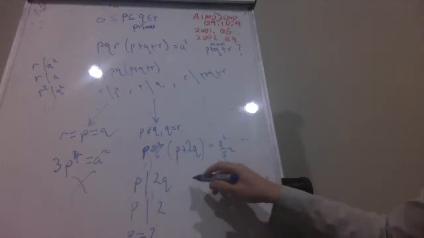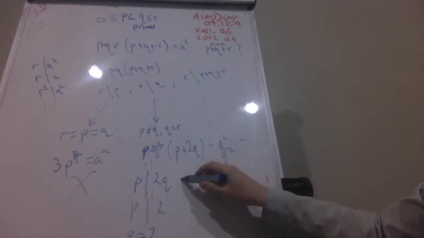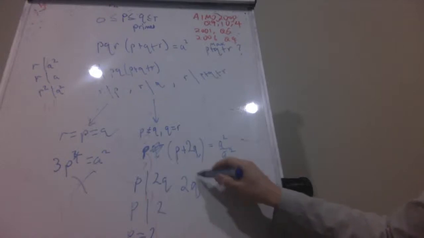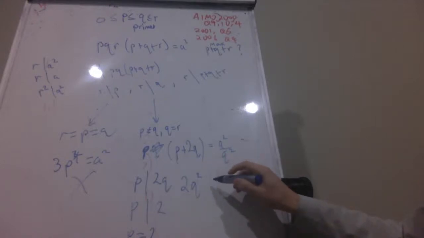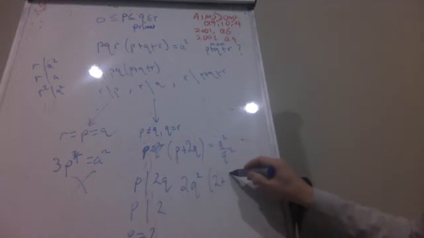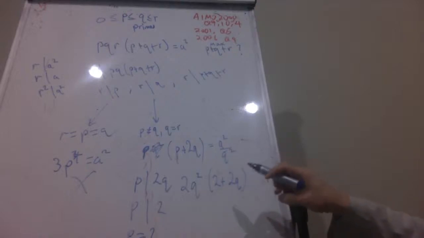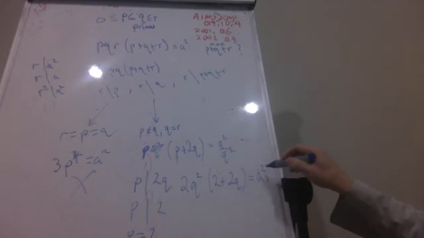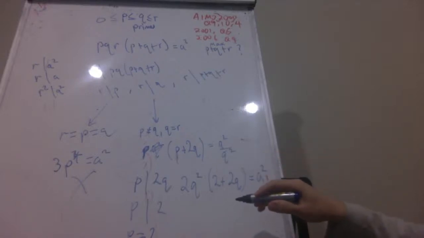So if P equals 2, then what do you get? You get 2Q squared times 2 plus 2Q equals a square number, right?